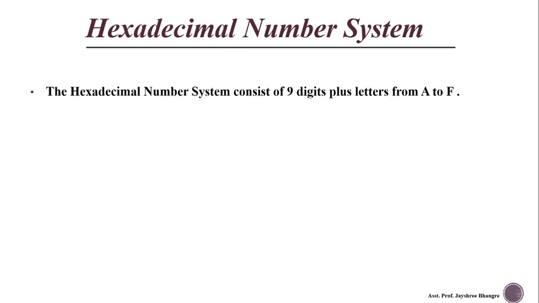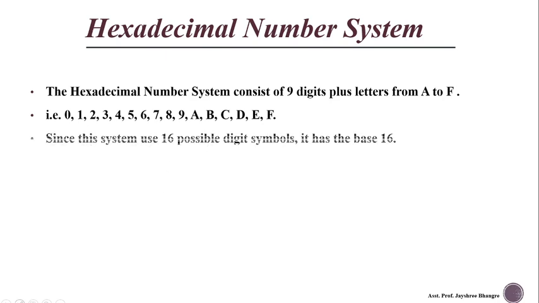It is a unique number system because it consists of the digits from 0 to 9 and the alphabets from A to F. So these numbers and alphabets are used to construct this hexadecimal number system. That means from 0 to 9 we are using digits, and A to F we are using alphabets. Since this system has 16 possible digit symbols, it has the base 16.